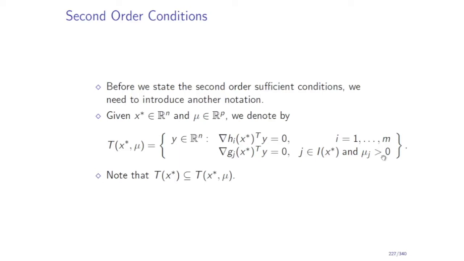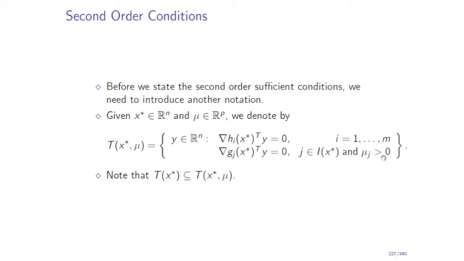But sometimes the constraint may be active, which means that Gj of x star is already zero, but still the Karush-Kuhn-Tucker multiplier mu j could also be zero, right? The complementary slackness condition requires that the product of these two is zero, but both of them could actually be zero. So in this case, we essentially eliminate this active constraint from the Lagrangian, even though it's active.